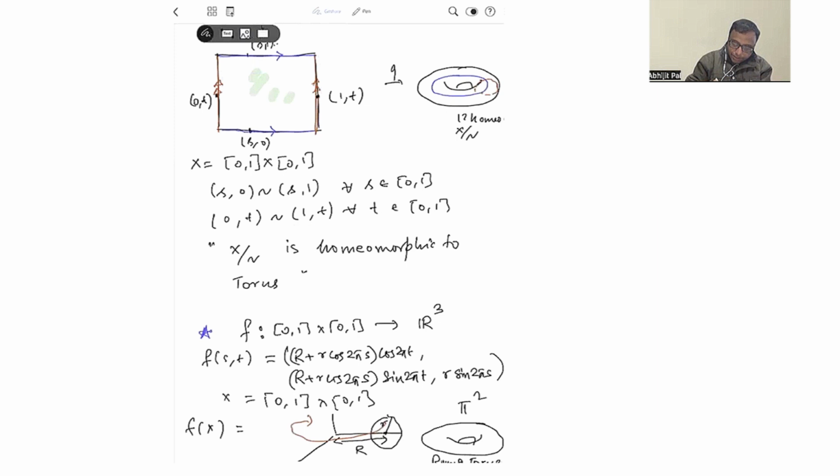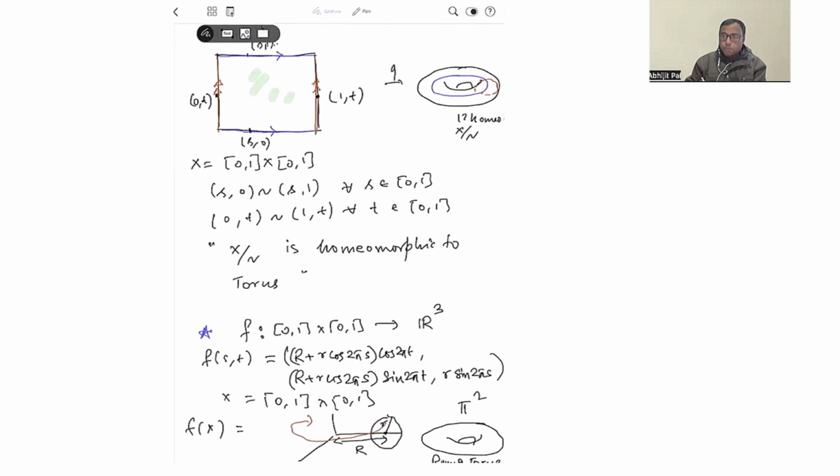You can define this relation on the space X, and one can check that the quotient space is homeomorphic to the torus. I'm sure you have learned this in the topology course earlier: you start with a unit square and identify the opposite sides to get a torus.